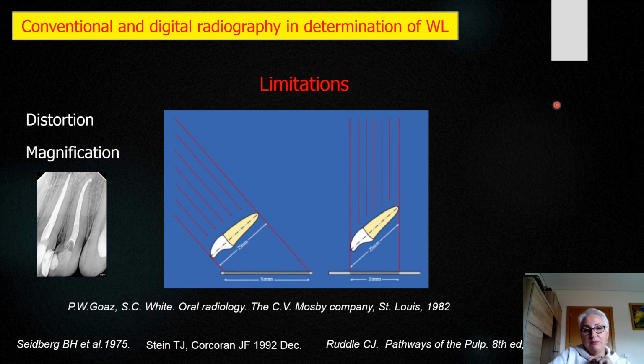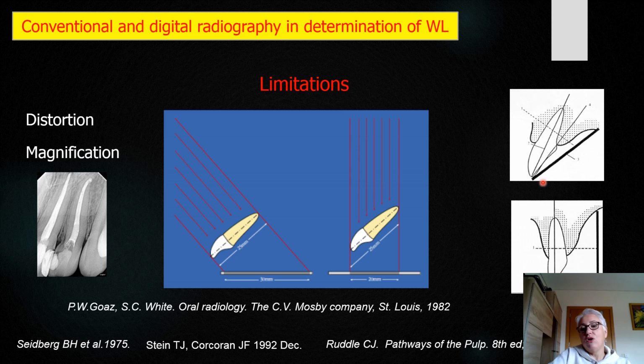But you have to remember that conventional or digital radiography has some limitations. First is the distortion of the normal length of the tooth. It could be magnification, so in some cases you can have a smaller tooth, or in some cases a longer one.